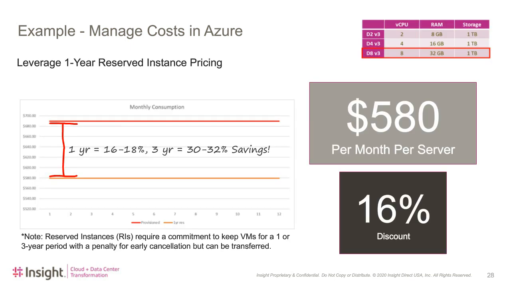If I simply use reserved instances where I commit to having some infrastructure over time with one of the cloud providers, generally it's like 1 year or 3 years, you can get significant savings over that retail cost. In this case, it reduced it to $580 per month per server.